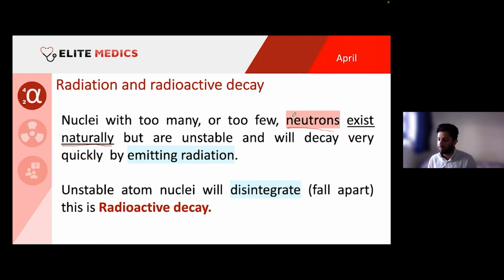Make sure you pick up on the fact that we're talking about neutrons here, so the number of neutrons versus the number of protons. We would call the number of neutrons too many or too few. And why is it not the number of protons that are specified here?